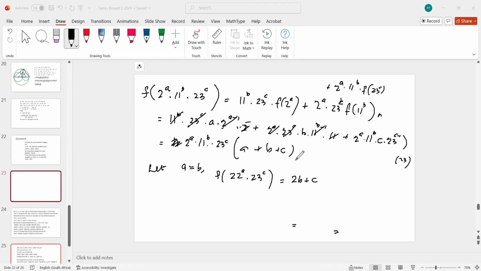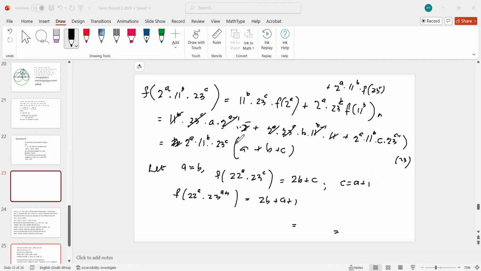And then now you let c be equal to a plus 1. Then you'll have f of 22 to the power of a, 23 to the power of a plus 1 equals 2b plus a plus 1. Right. So that's one situation.